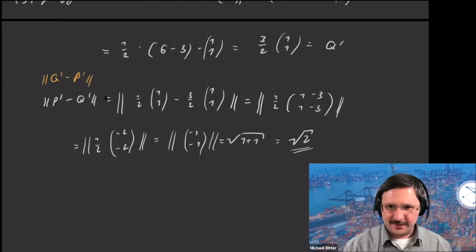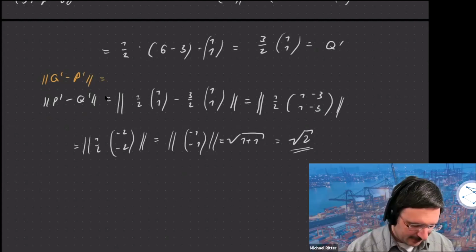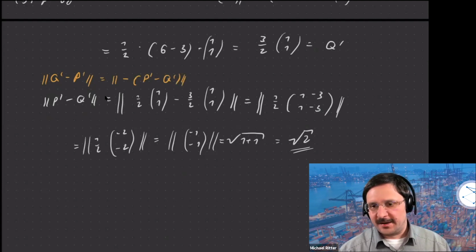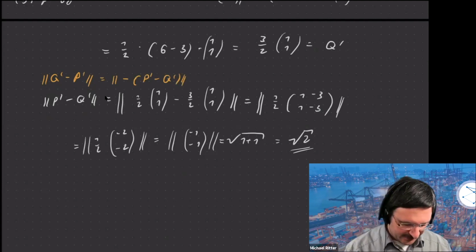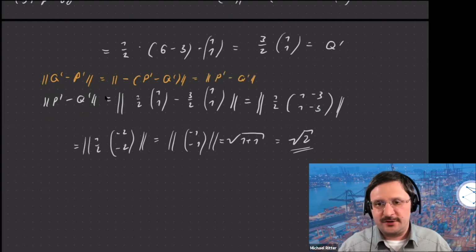Yeah, it's the same thing. q prime minus p prime is the same as minus (p prime minus q prime), and for a norm, the sign doesn't matter. So this norm is the same as the norm of p prime minus q prime. It doesn't matter which one you use.